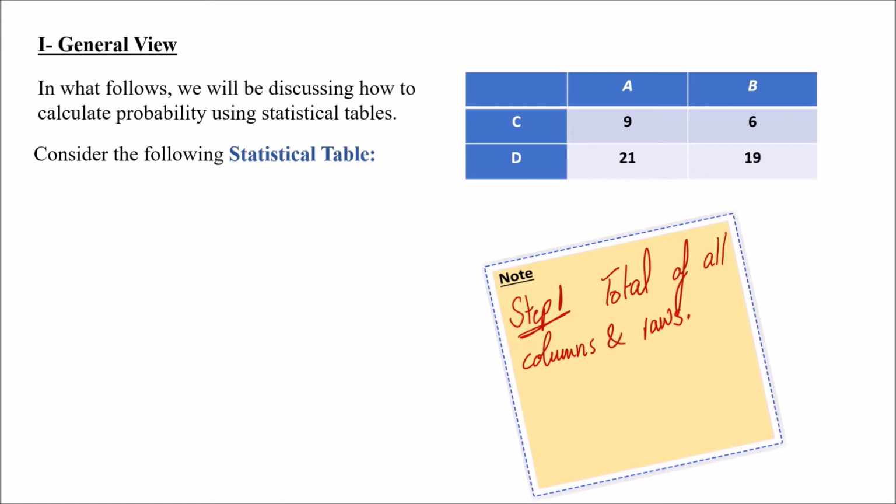First, here A, we have 9 and 21, 30. 6 and 19, 25 for B. C, we have 9 and 6, 15. 21 and 19, 40. The sum of 15 and 40 and 30 and 25, these should give us the same sum. They have 55.